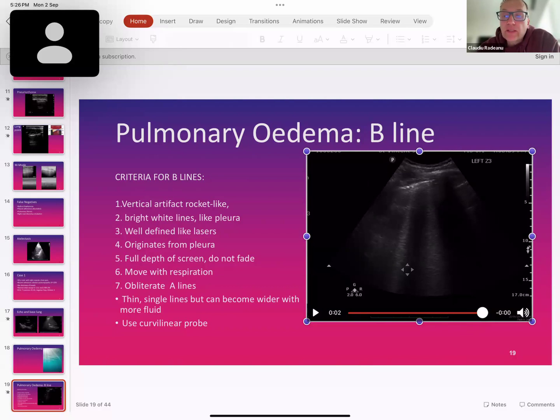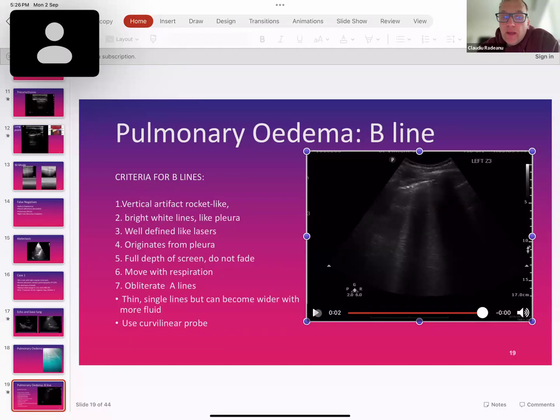Okay, and theoretically, if you have three beams, lasers like, then you will have quite significant pulmonary edema.